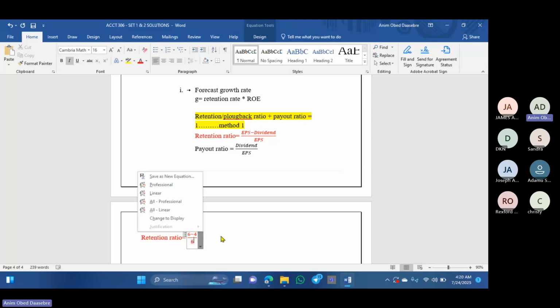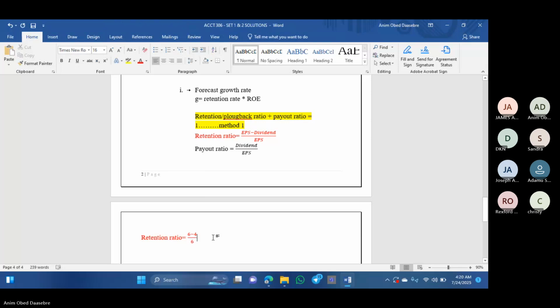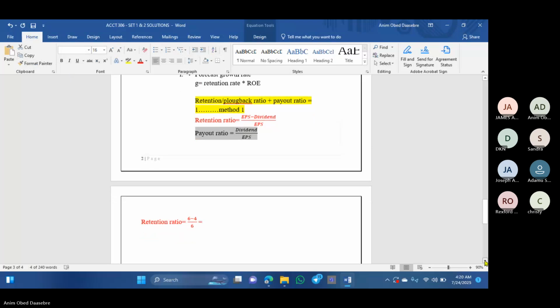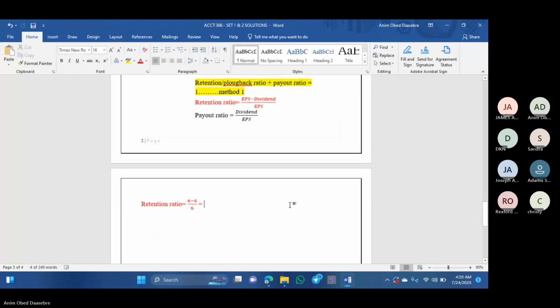When you type it in your calculator, what are you getting for the retention ratio?